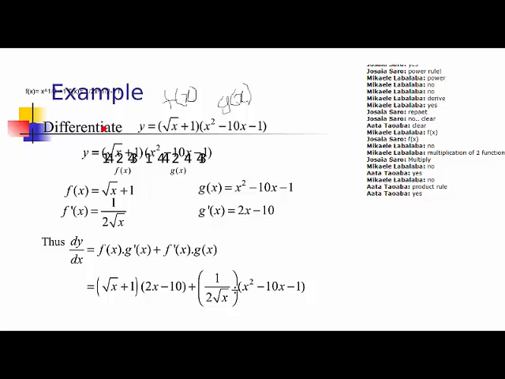It will become 0 because it's a constant. So now my f dash of x will be equal to, my half will remain as it is because it's been multiplied. What will happen on top? It is half minus 1. What is half minus 1? Negative half, isn't it?